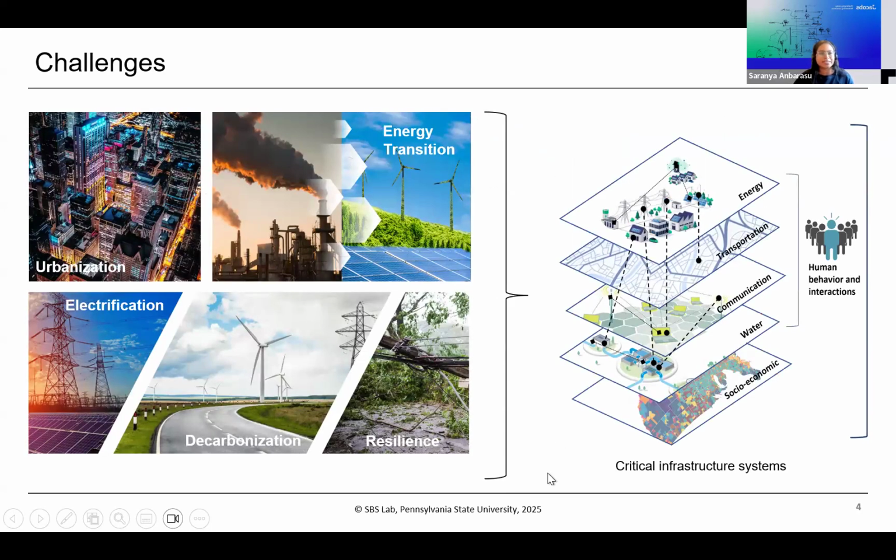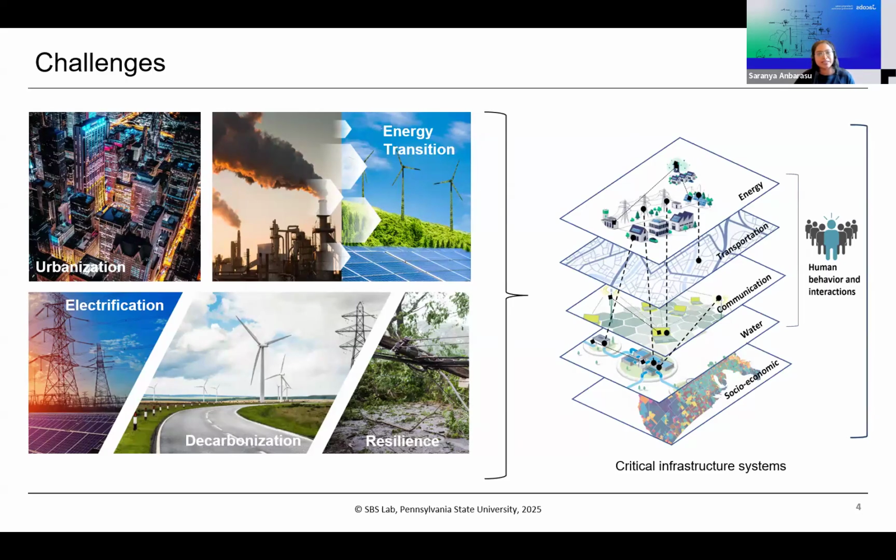As everyone knows, these are the global mega trends and challenges, which include urbanization, climate change, digital transformation, and energy transitions. We talk about electrification and are making a lot of effort on that, and also resilience, which is very critical when we think about these huge smart communities and cities.